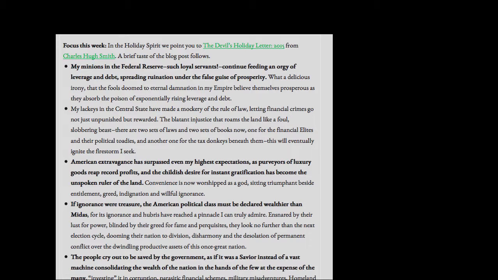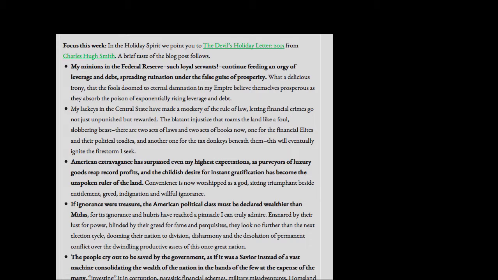American extravagance has surpassed even my highest expectations, as purveyors of luxury goods reap record profits, and the childish desire for instant gratification has become the unspoken ruler of the land.